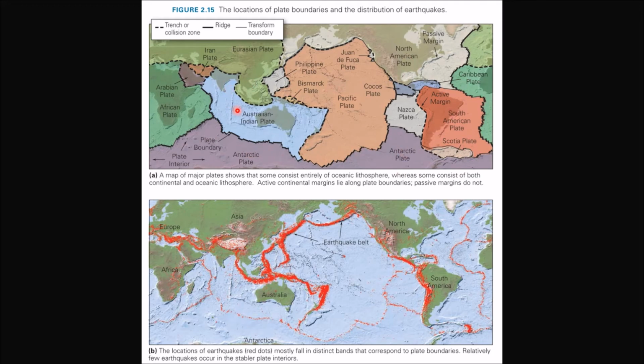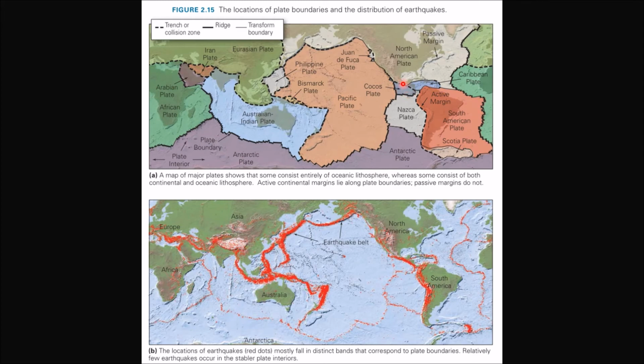In fact, that's how the Earth actually is. The surface of the Earth is not just one giant piece. The surface of the Earth is actually broken up into all these different pieces. Notice this one, that's a brownish color. This is one piece of the Earth. Over here, you see this blue plate.